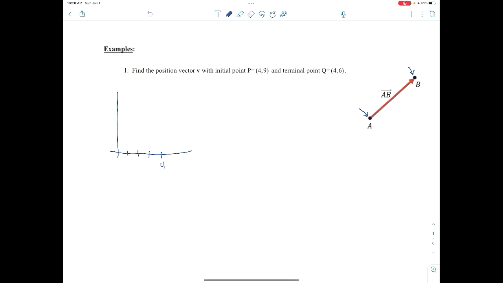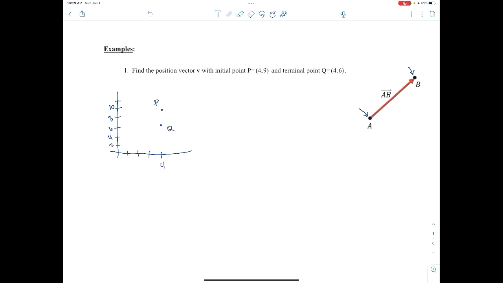So if this was 4, and if these go by 4s, then we've got 4 and 9 about here. That would be our P, and our Q is 4, 6.